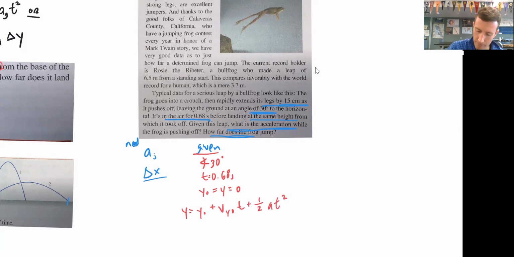Now that would solve for my initial y velocity, right? And then once I have my initial y velocity, I can plug that in and figure out my overall velocity and then use that to figure out the rest of it, I believe.